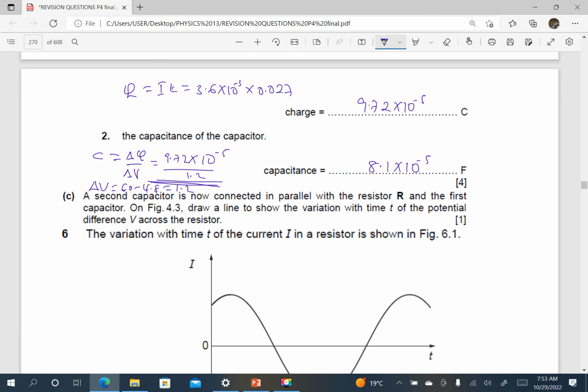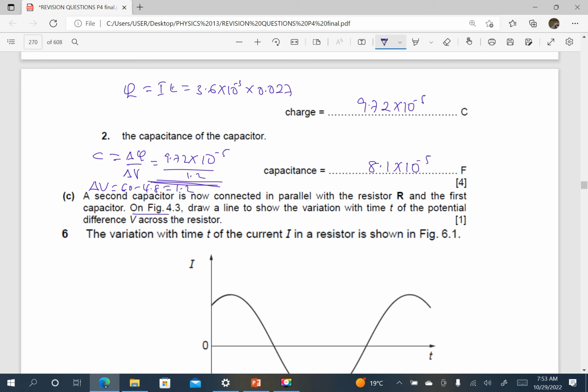A second capacitor is now connected in parallel with the resistor R and the first capacitor of the figure as shown, figure 4.3. Draw a line to show the variation with the time t of the potential difference V across the resistor.